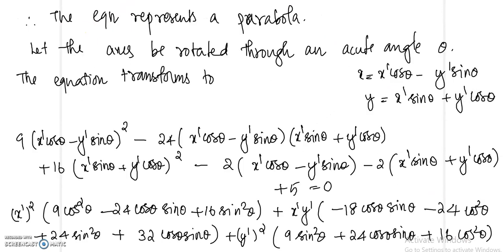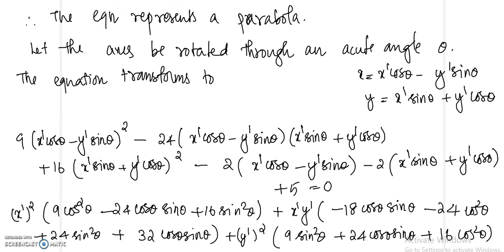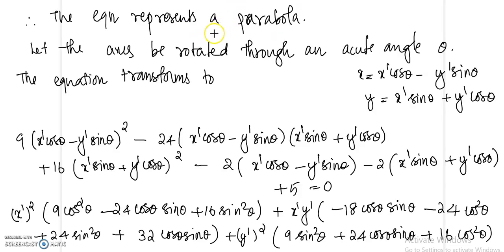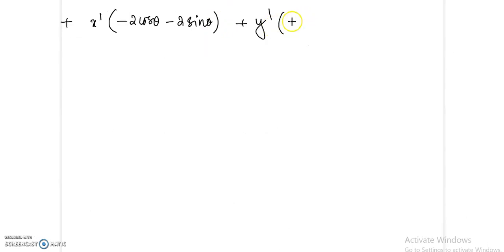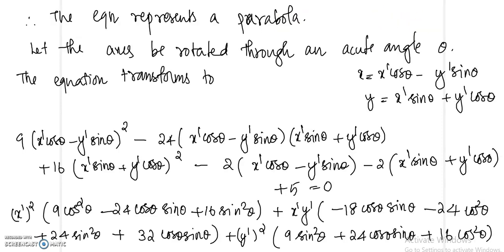Next, the coefficient of x dash will be minus 2 cos theta minus 2 sin theta, plus the coefficient of y dash will be 2 sin theta minus 2 cos theta, plus 5 equal to 0. So that's the constant term.